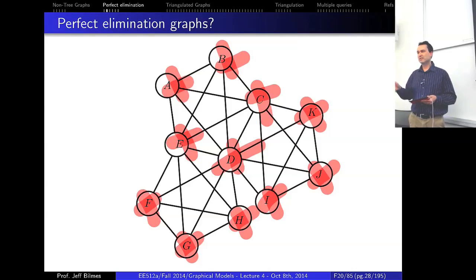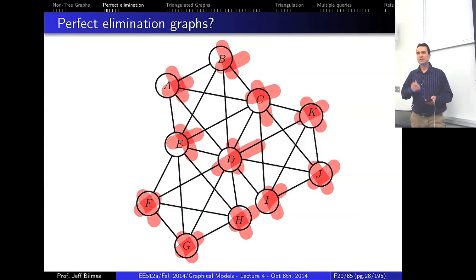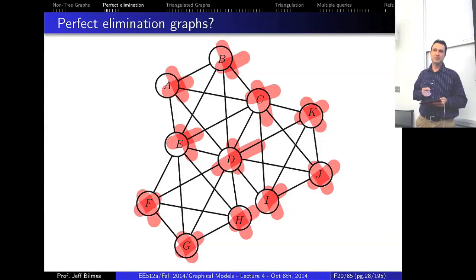And what moralization does is it removes the expression of the V-structures in a Bayesian network. And then you're left with a Markov random field, which might or might not be a perfect elimination graph. And then you still have to do elimination, then turn it into a perfect elimination graph. But we'll talk about the semantics of Bayesian networks. I think that's important. But let's get back. Maybe you can ask that question again when we talk about Bayesian networks, and that will be more clear.